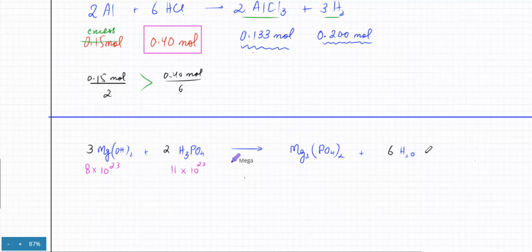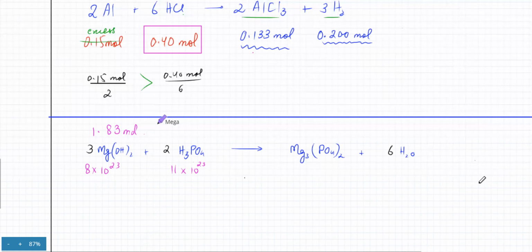The first one is 1.328 moles, 1.329. That's it. What about phosphoric acid? And where did you get 1.83 from?